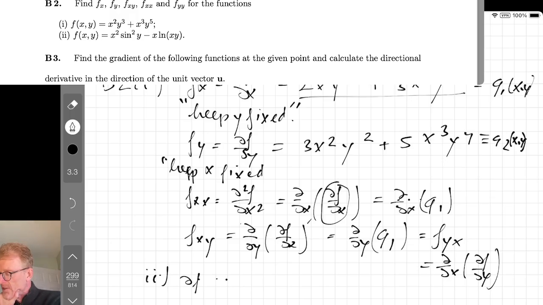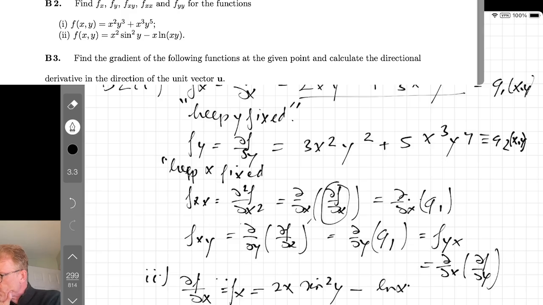So df/dx, fx, is 2x sine squared y minus ln xy, so that one is easy, and then minus x, and then it's d log xy over d(xy), and then d(xy)/dx, right?